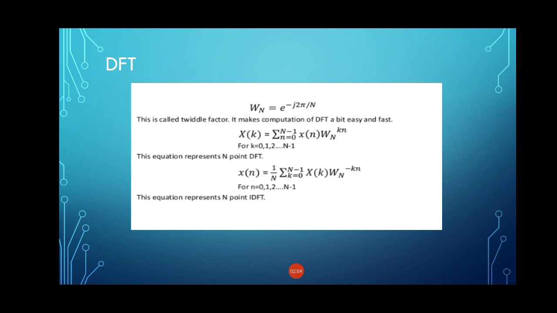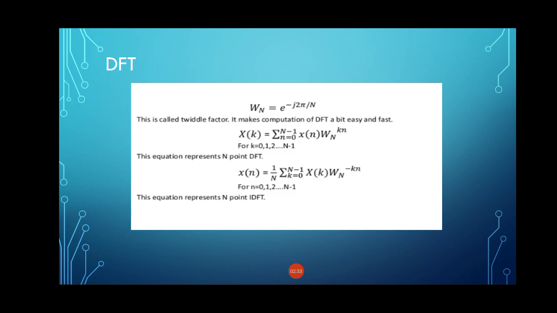That means we can say that DFT holds only for finite sequences, unlike DTFT, which was for both finite or infinite sequences. Here the limits are 0 to N minus 1, that is, the length of the sequence always has to be capital N.